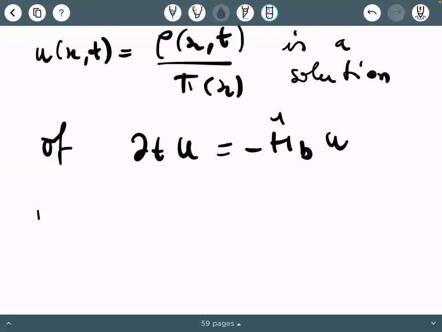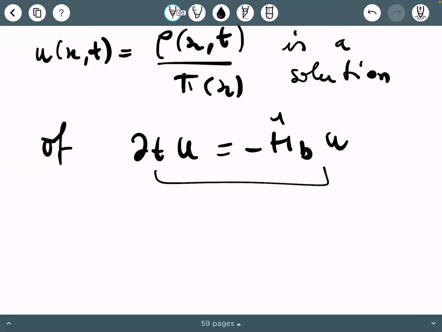Well, then, I can use this equation and propagate forward my u function. So I can build a propagator.